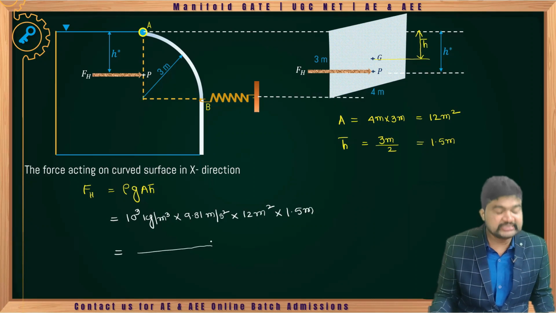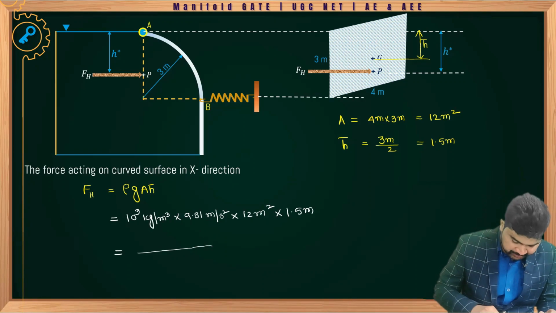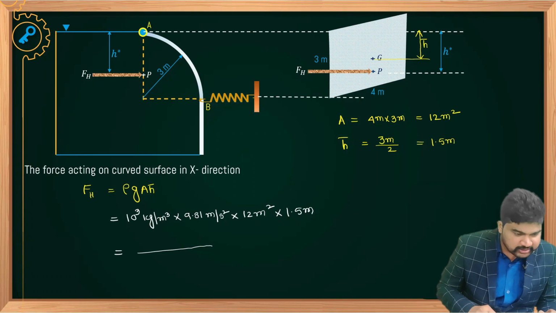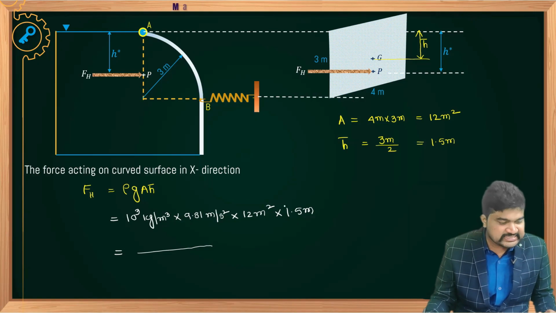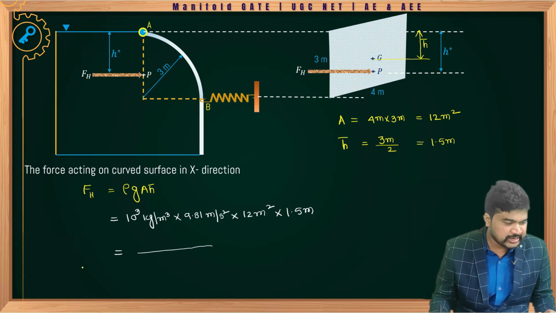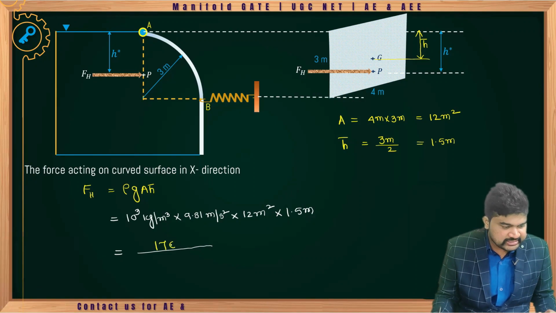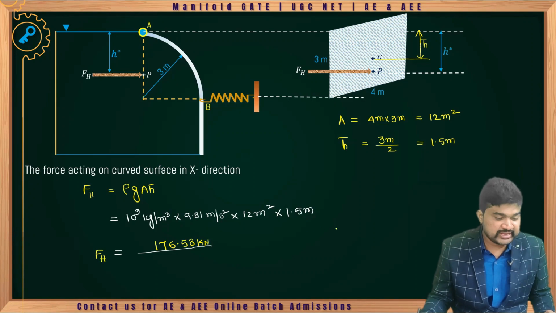Now tell me the magnitude of FH in kilonewton. 9.81 into 12 into 1.5 into 1000 gives 176.58 kilonewton. That is the magnitude of FH.